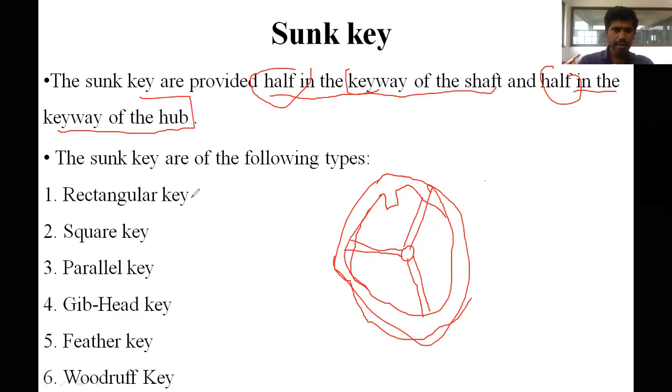Similarly, we have rectangular keys, square keys, parallel keys, gib head keys, feather keys, and Woodruff keys.